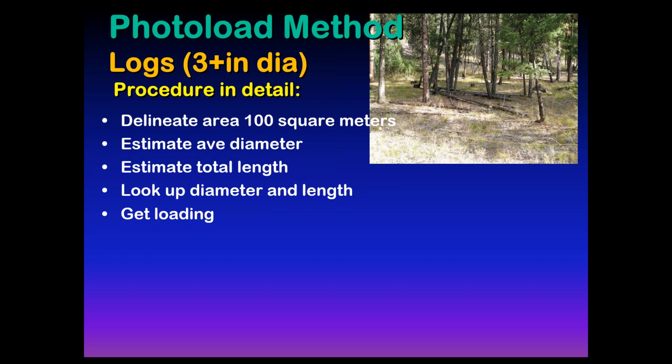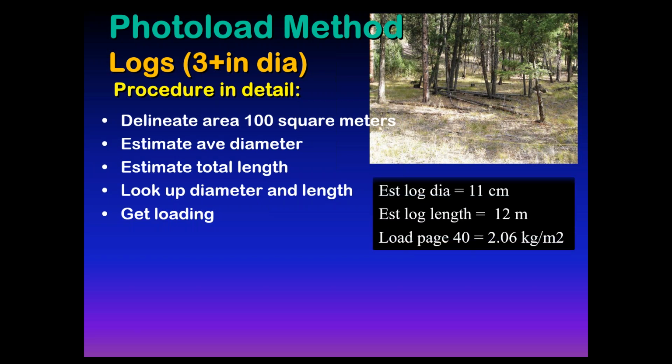And you can do it by log, or you can do it for the whole 100 square meter area. In this case, we're going to estimate the average diameter to be around 11 centimeters. And then we estimate with our eye the total length. And the total log length we estimate in this photo is around 12 meters. You can probably do that with your eye right now, and note that it's a 10-meter square.